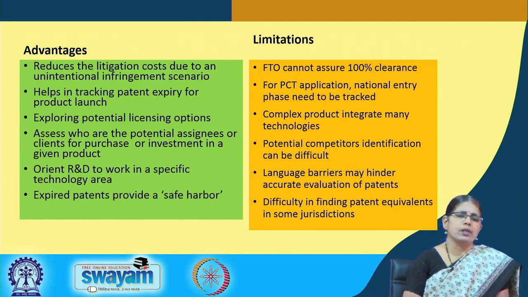The other aspect is one can actually plan product launches depending on the patent expiry, and this is particularly very relevant in many areas of technology, including the pharma. Potential licensing options can be actually taken up based on the FTO opinion.